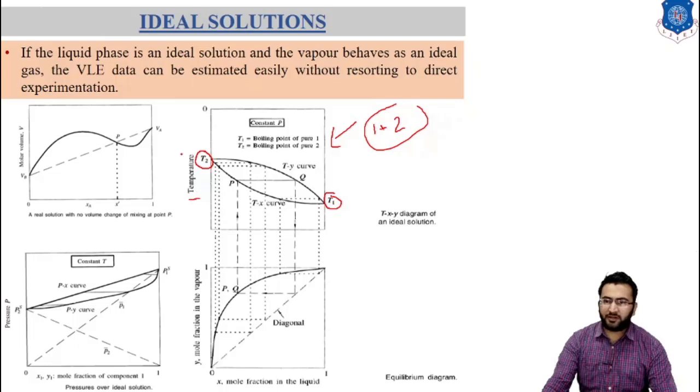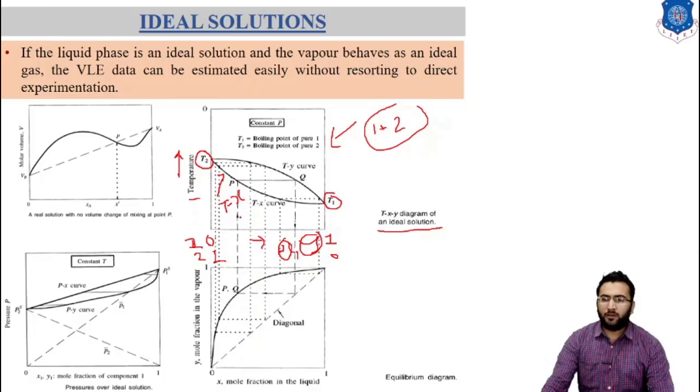Temperature is on the y-axis, and on the x-axis there are x and y, the mole fraction of component i in the liquid phase and in the vapor phase. The mole fraction goes from 0 to 1 for component 1, and for component 2 it goes from 1 to 0. So this is a T-x-y diagram for an ideal binary solution, where this T-x curve is known as the bubble point curve, and this T-y curve is known as the dew point curve.